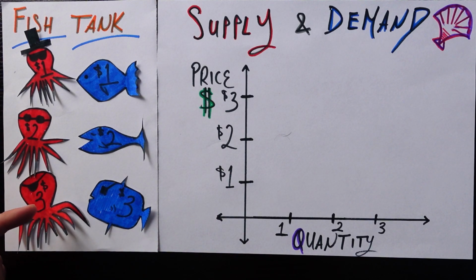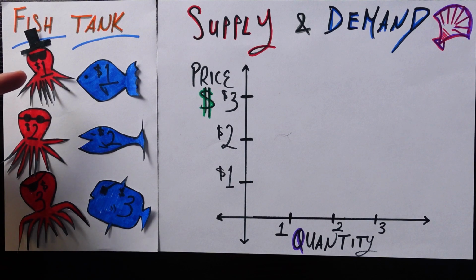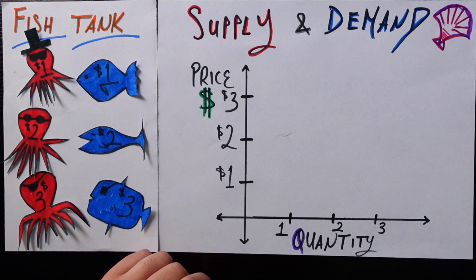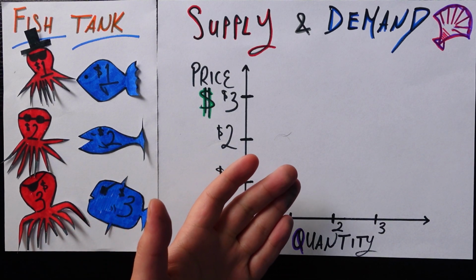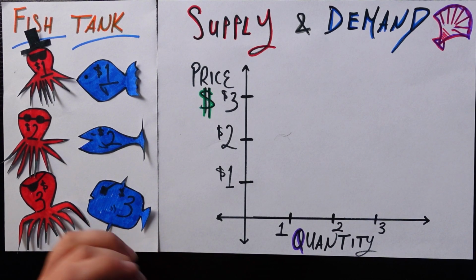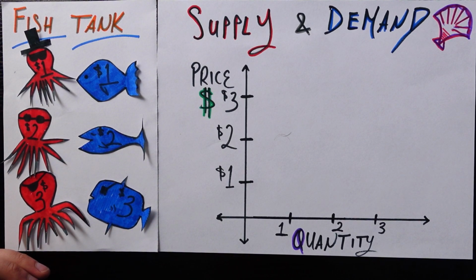And finally, we have the third individual, Pirate Octopus. Pirate Octopus is able to produce a shell only for $3. And the same story that held for Top Hat Octopus holds for Sunglasses Octopus and Pirate Octopus as well, which is that Sunglasses Octopus would only be willing to sell that shell for anything above $2 and above $3 for Pirate Octopus. So that is the story going on with our producers.